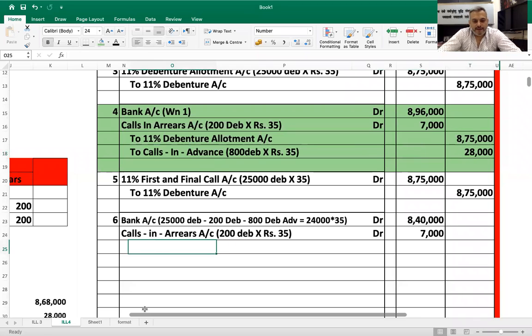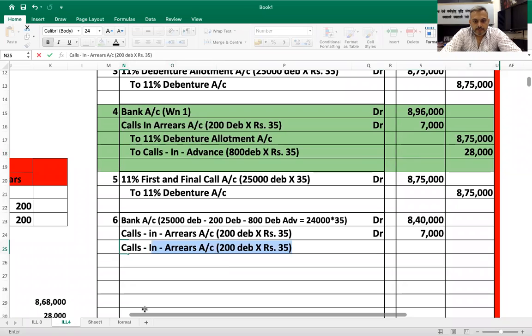So now we adjust it. So calls in advance account, 800 debentures into rupees 35, 28,000, to 11% debenture first and final call.